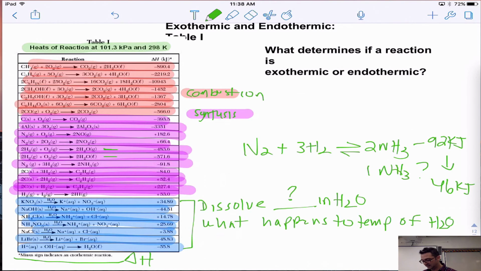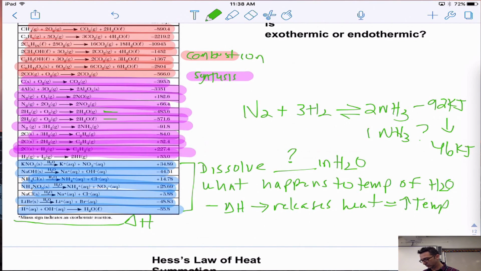When there is a negative delta H, that releases heat, and that release of heat will actually make the temperature go up. The reason I bring this up is because people see the negative delta H and think, oh, it's getting colder, it's negative. But it's actually the opposite. When you have a positive delta H, you absorb heat, and that will lead to a decrease in temperature.